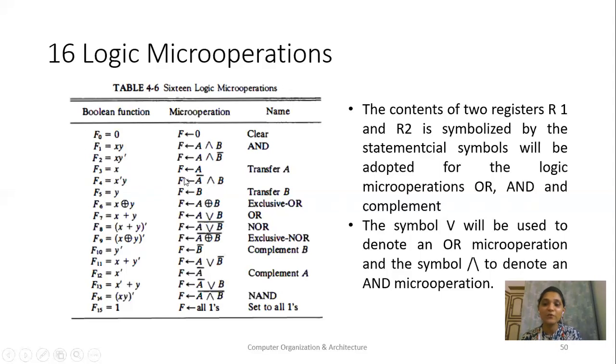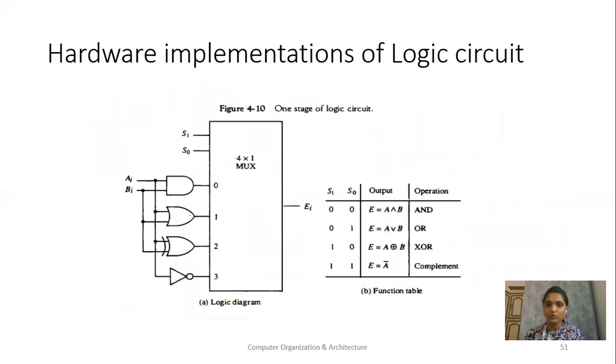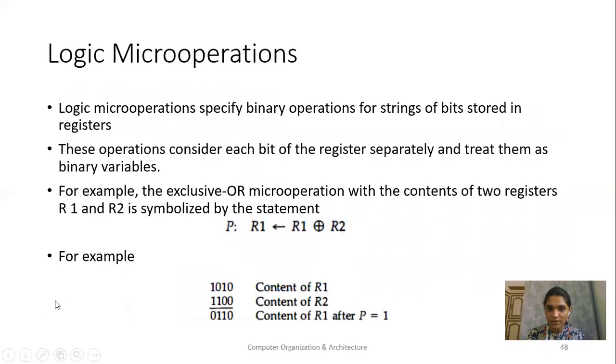If you want to design a logical microoperation circuit, you must have circuits for these basic microoperations. For example, for the ith bit, as we discussed, whatever operation you do is bitwise: XORing bitwise, ANDing bitwise, ORing bitwise.